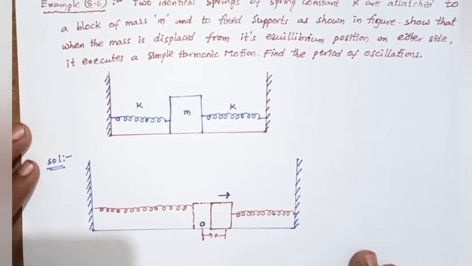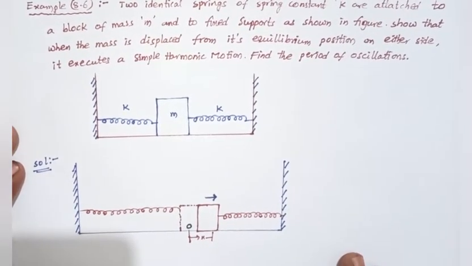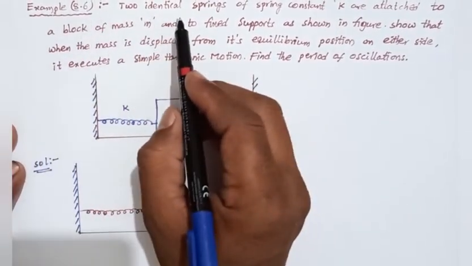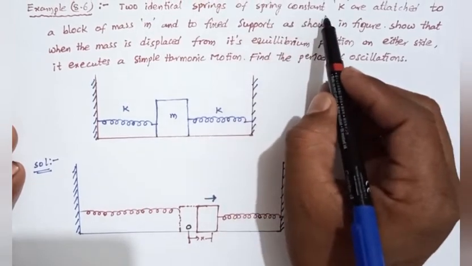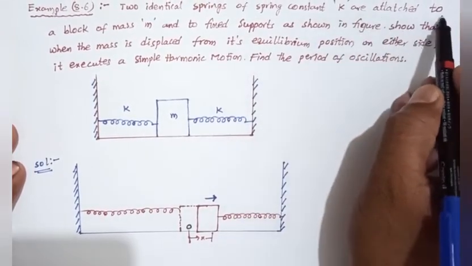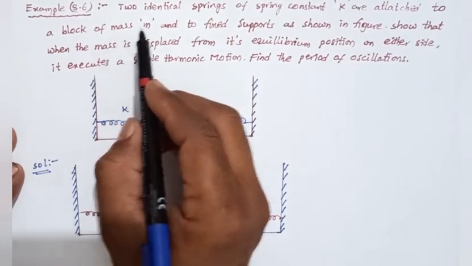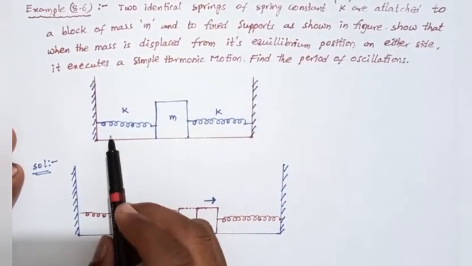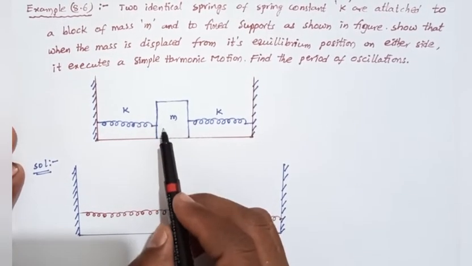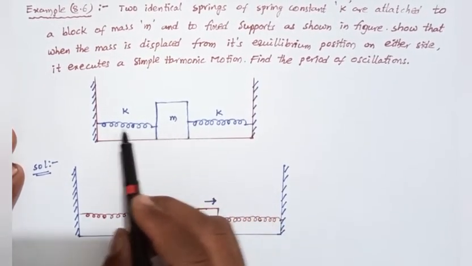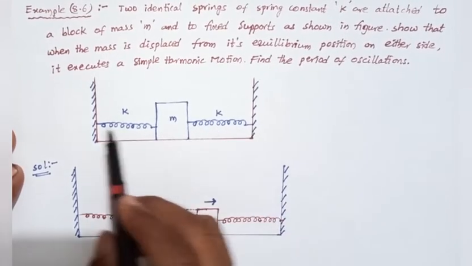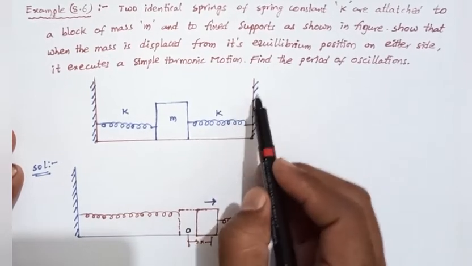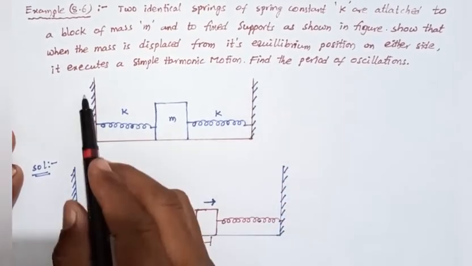Listen, we are discussing another example, example number 8.6. Two identical springs of spring constant K are attached to a block of mass M and two fixed supports, as shown in the figure. The block of mass M is attached to two springs with spring constant K, and the springs are fixed at two supports.